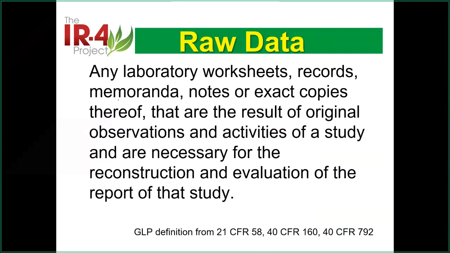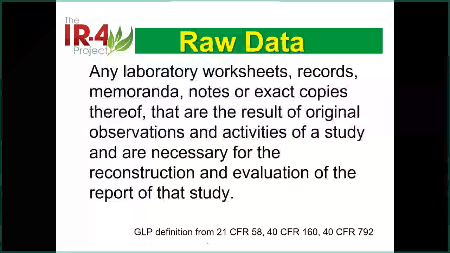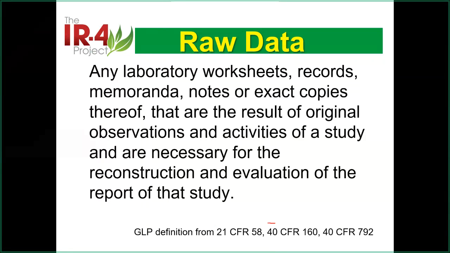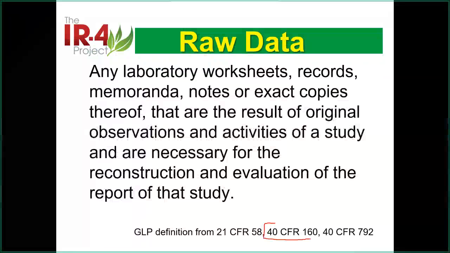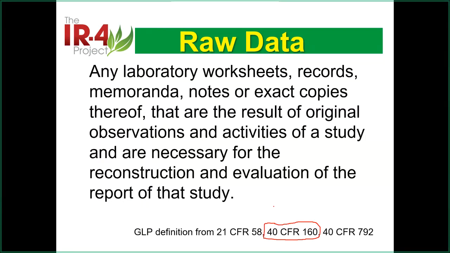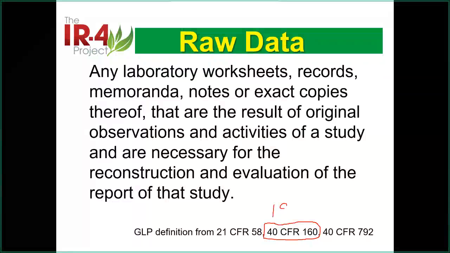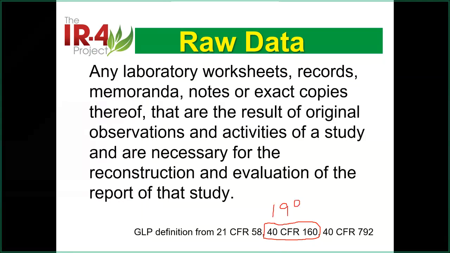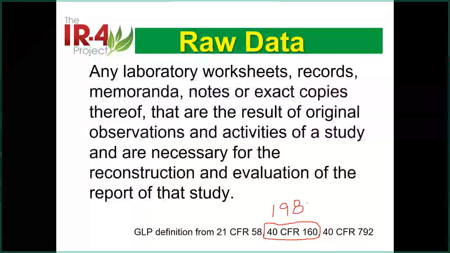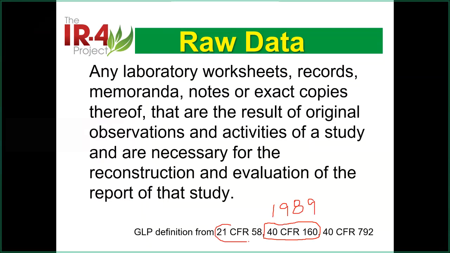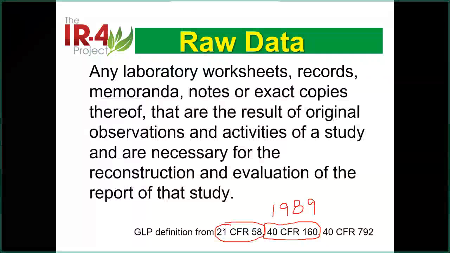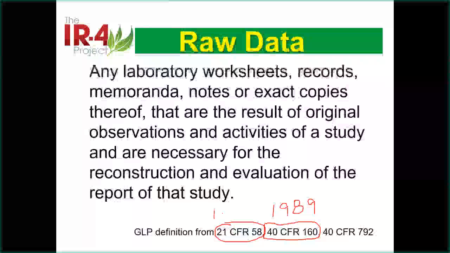Even though, let's say this is EPA GLP, we know EPA GLP was published in, I believe, '89. Yeah, but FDA started 2 years earlier. So FDA GLP, 21 CFR, that's FDA. I think it's the 1970s. I'm not sure of the exact date, I can find that out.